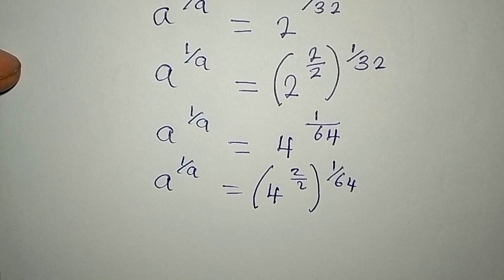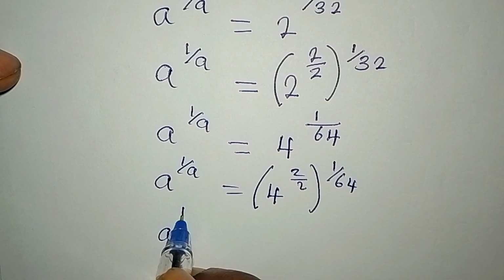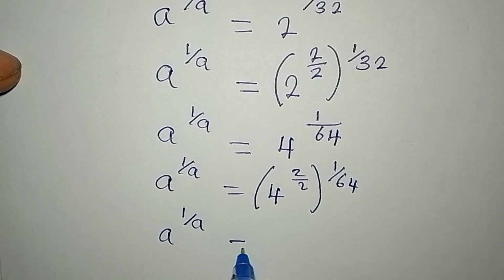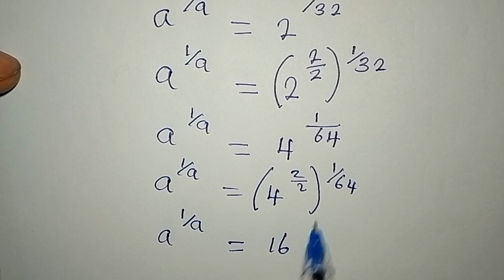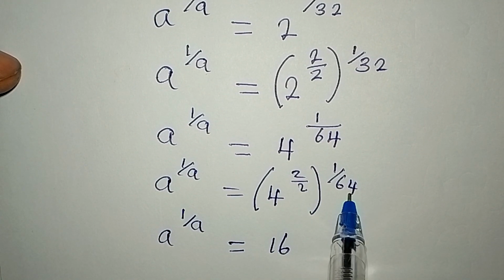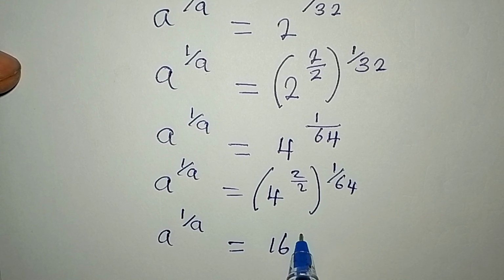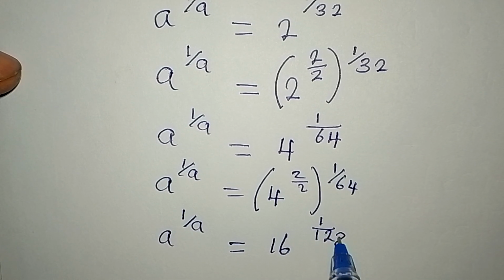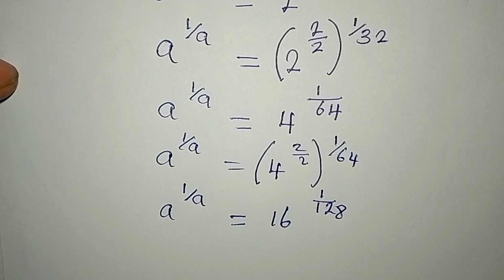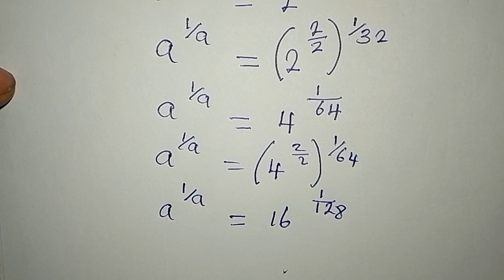And like I said before, we have a to the power of 1 over a, but this time around is equal to 4 to the power of 2 is 16. Then these 2 multiplied by 64, that will give us 1 over 128.